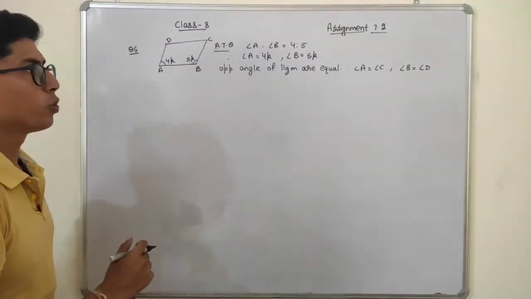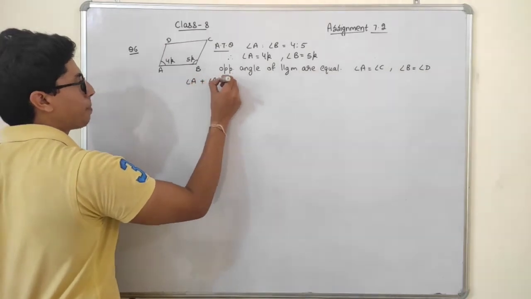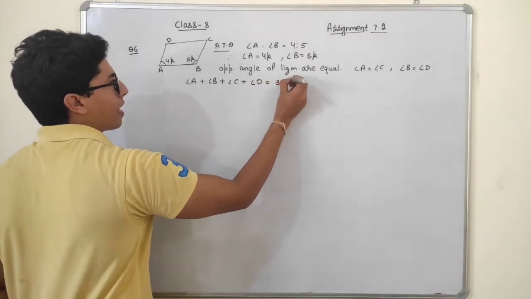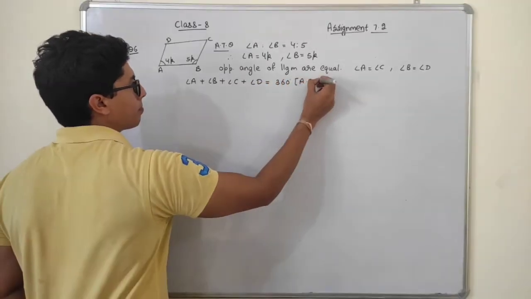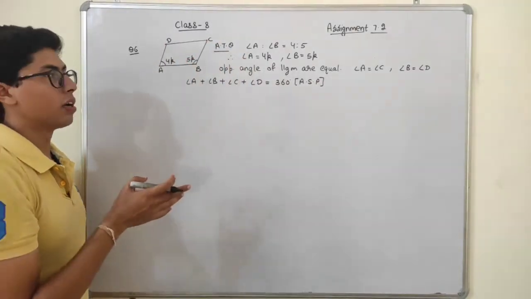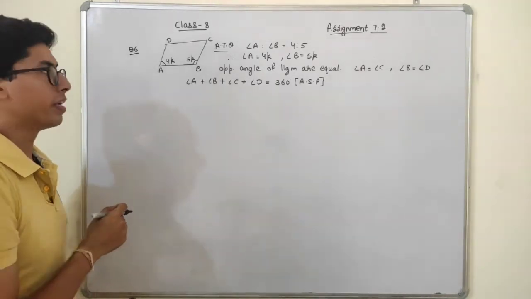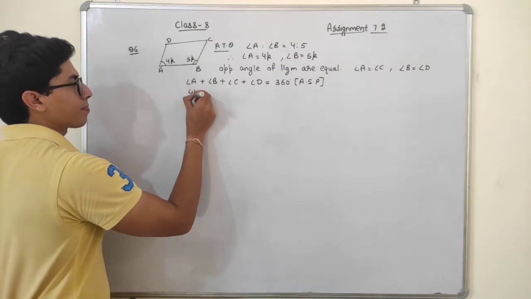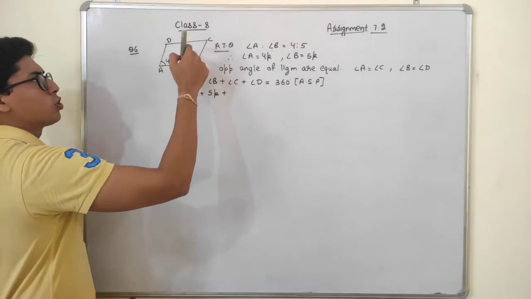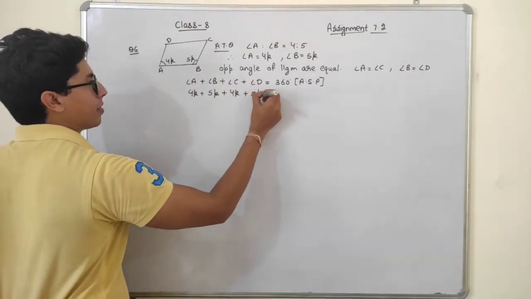Also, the sum of angle A plus angle B plus angle C plus angle D will be 360 degree because of the angle sum property. A parallelogram is a quadrilateral as well, and the sum of the angles of a quadrilateral is 360. Now angle A is 4k, B is 5k, angle C is equal to angle A, so 4k, and angle D is 5k.